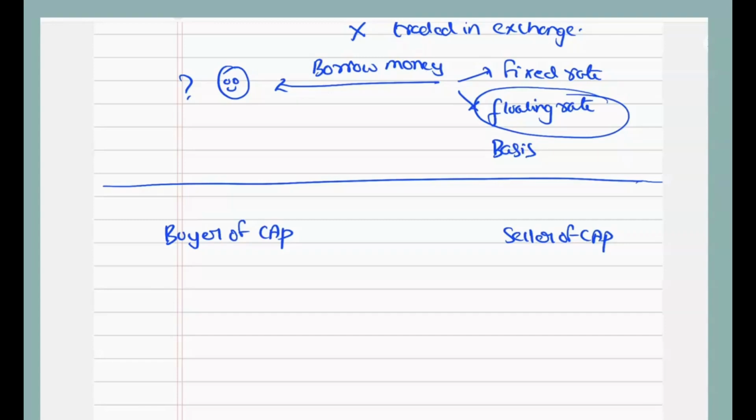When you buy an option, we normally pay the premium to the broker. In a similar way, when you buy a cap, you have to pay the commission or premium to the seller of the cap.